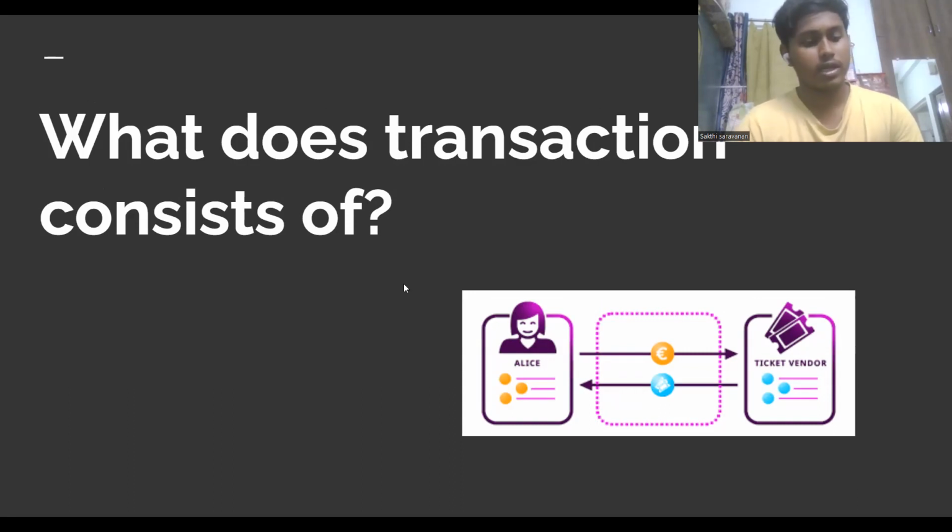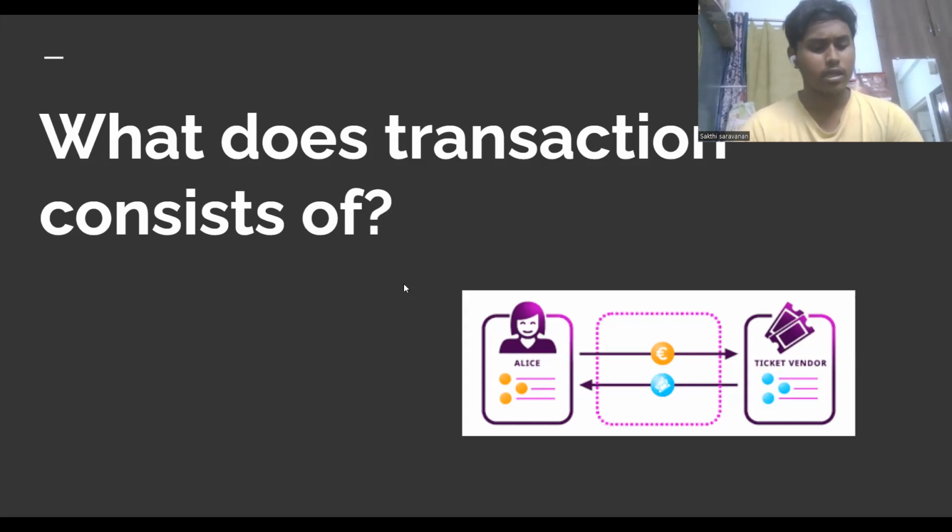A transaction is supposed to have a set of inputs, outputs, and a way to verify these inputs and outputs, the signature, and then an incentive for a miner to validate this, the transaction fees. These four are the important key parts of a transaction.